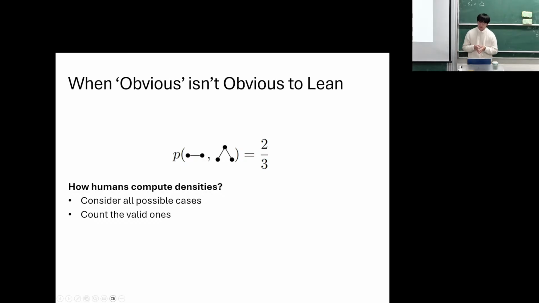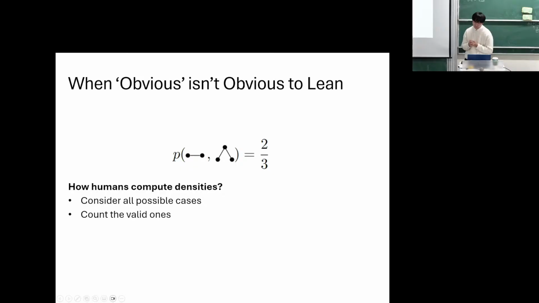When humans compute the density, we might implicitly do the following. First, we think about all possible cases. That is, we consider all subgraphs induced by choosing 2 vertices from the 3 vertex path graph P3.